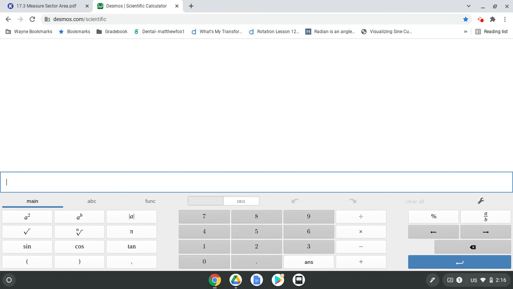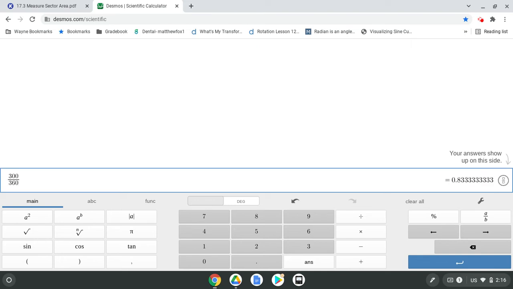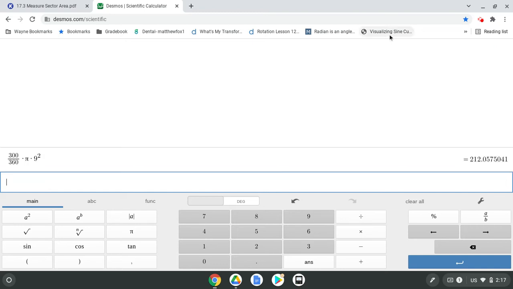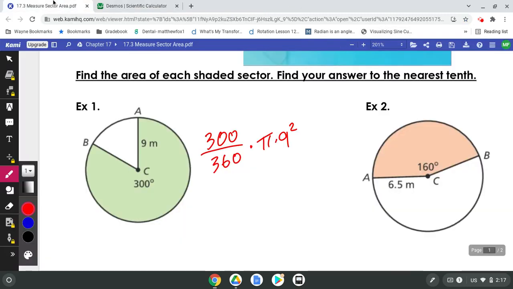Use the pi button, but 300 divided by 360, times pi times whatever r was squared. So in our case, 9 squared, and we get 212 if we're rounding to the nearest tenth. Now, one thing I want to remind you, our label is going to be meters squared because it is area.